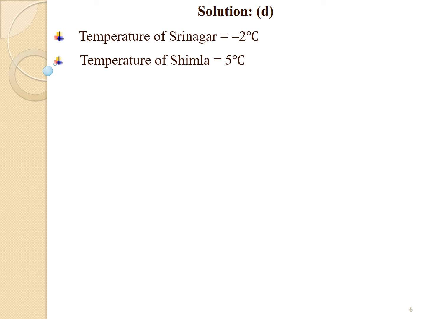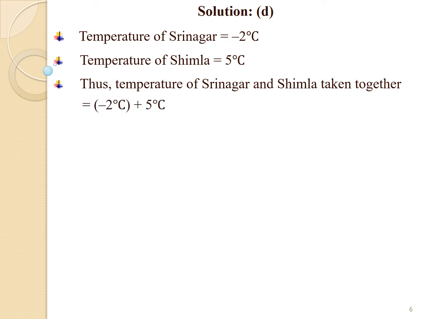Thus, adding 5 degrees Celsius to -2 degrees Celsius, we get -2 degrees Celsius plus 5 degrees Celsius.